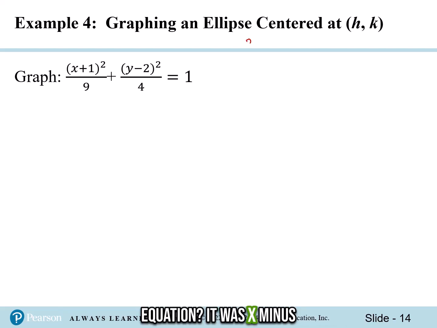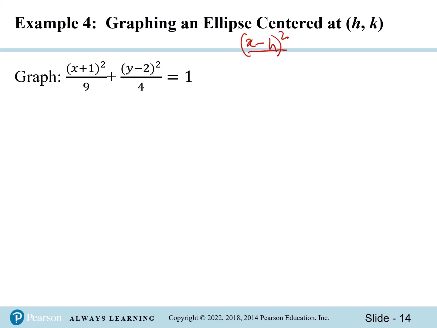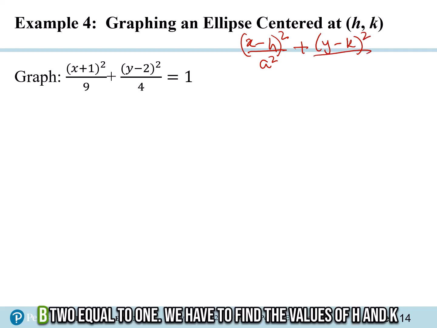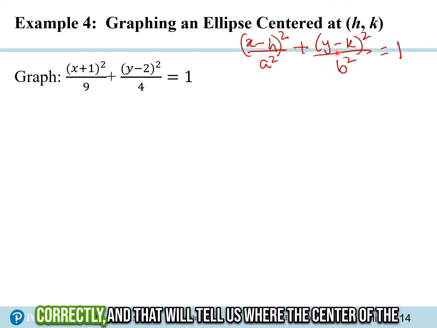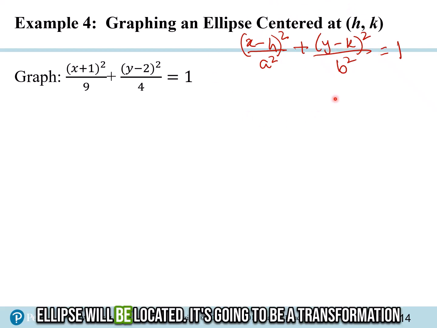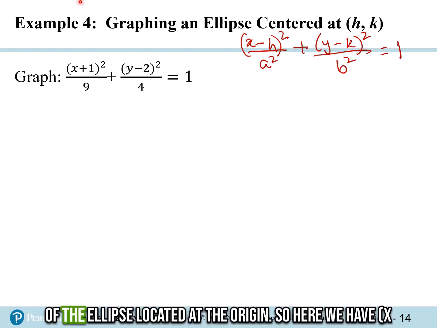It was x minus h whole squared divided by a squared plus y minus k whole squared divided by b squared equal to 1. We have to find the values of h and k correctly, and that will tell us where the center of the ellipse will be located. It's going to be a transformation of the ellipse located at the origin.